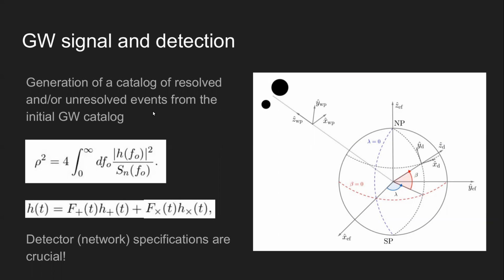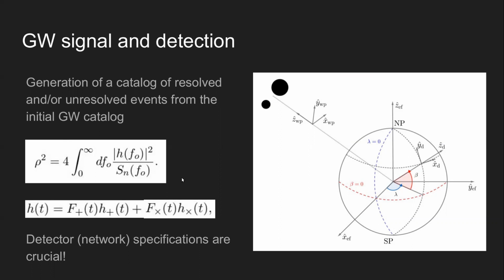So from your catalog, by computing a signal to noise ratio for each event and in each detector that you are going to include, you're going to decide which one ends in which category.